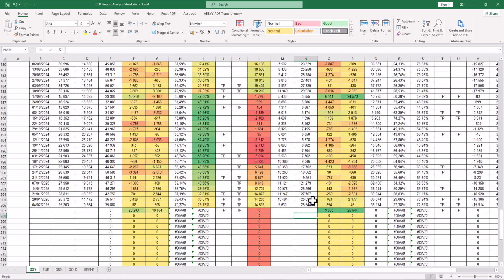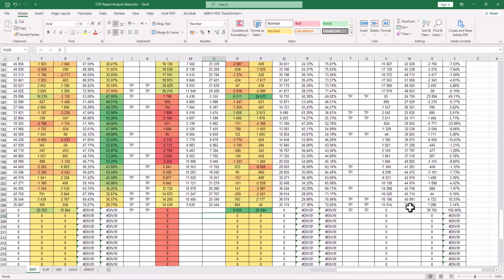They are still holding quite a lot on their short exposure. The difference is only 46 from last week's number. So you can clearly see the commercials are extremely short on dollar index, with 72.6% of their net holdings in short positions.